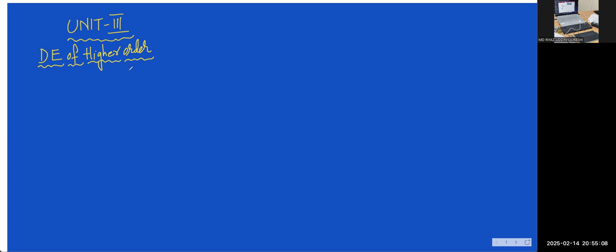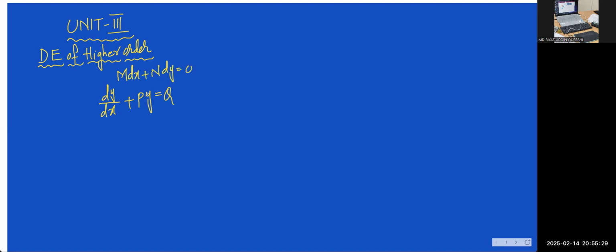Just an example I'll tell you. We have already done dy by dx plus p of y is equal to q, which is called linear differential equation. We have already done M dx plus N dy is equal to 0, which is called exact differential equation.